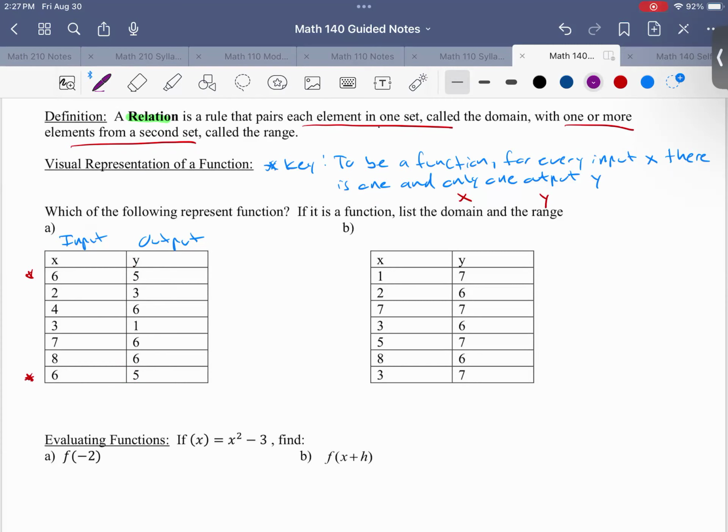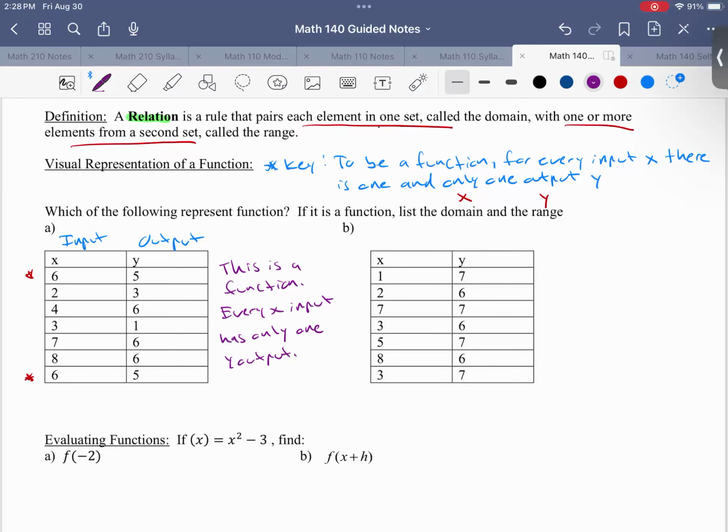So that's really our only situation here, but we still have a function. So this is a function. Every X input has only one Y output. That would make this a function.